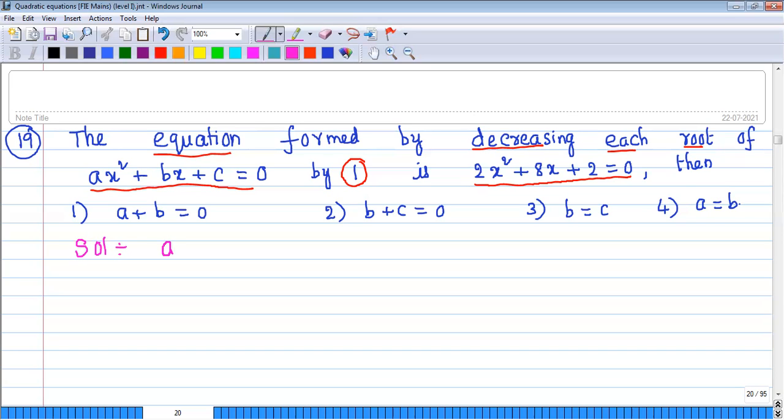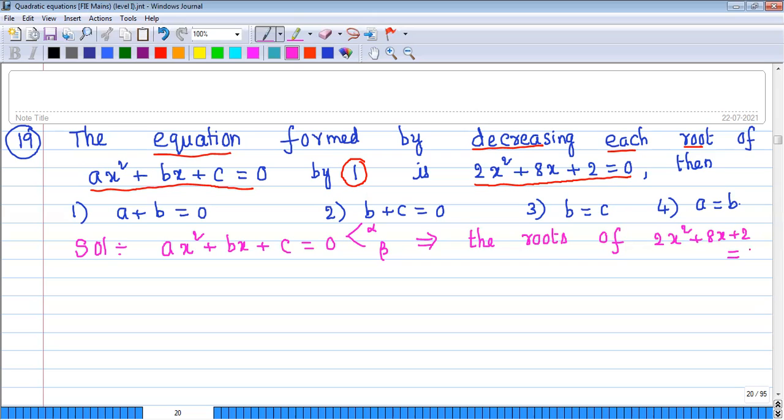So let the roots of ax square plus bx plus c equals 0 be alpha and beta. That implies the roots of 2x square plus 8x plus 2 equals 0 are alpha minus 1 and beta minus 1.